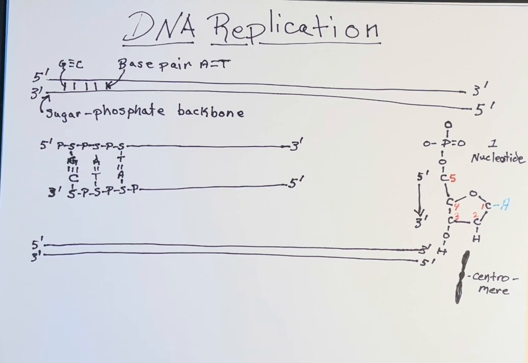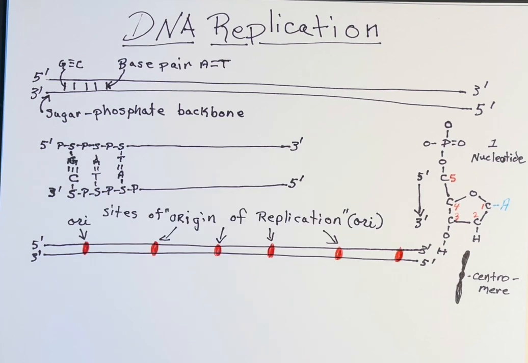I'm now going to draw these regions along the DNA strand. Okay, so along the DNA strand, there are areas that have many base pairs of adenine and thymine. And this is where the DNA strand will begin to unravel.